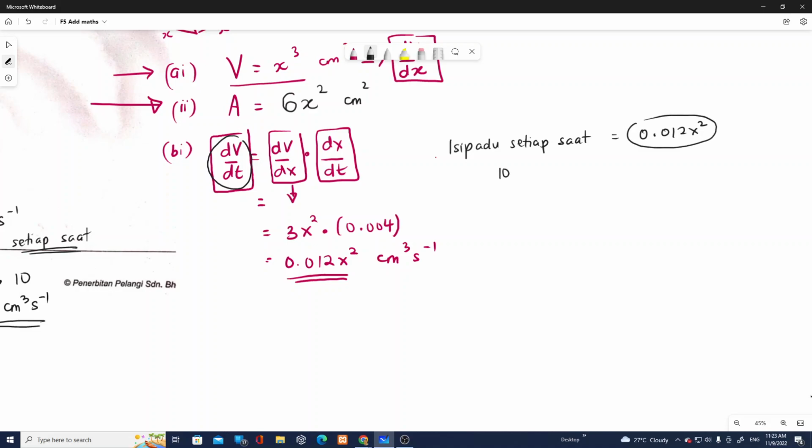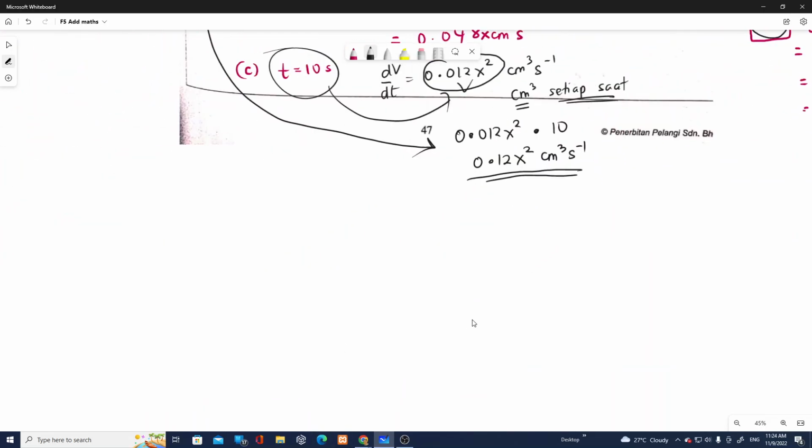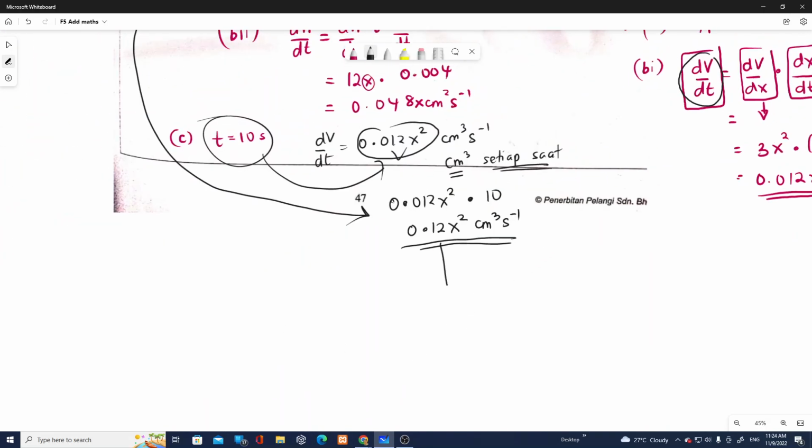Kalau 10 saat dia ada berapa? 0.12x kuasa 2. Itu jawapan dia, 0.12. Faham? Faham.